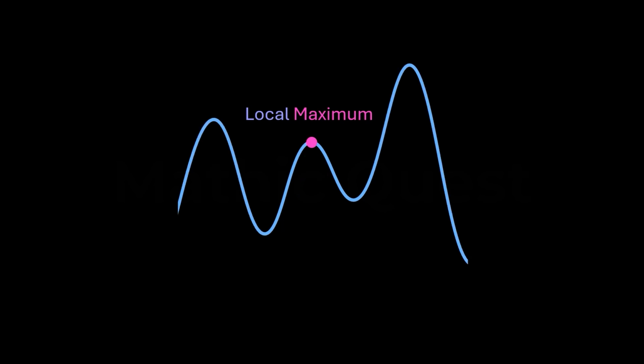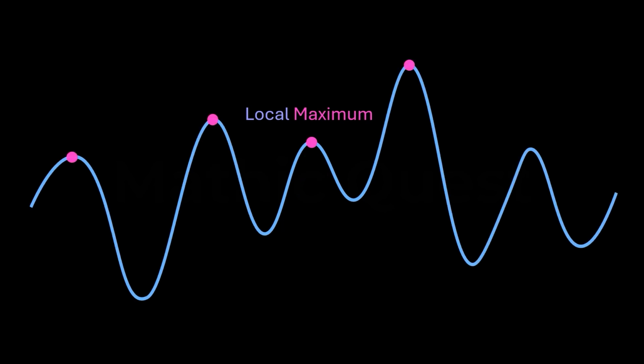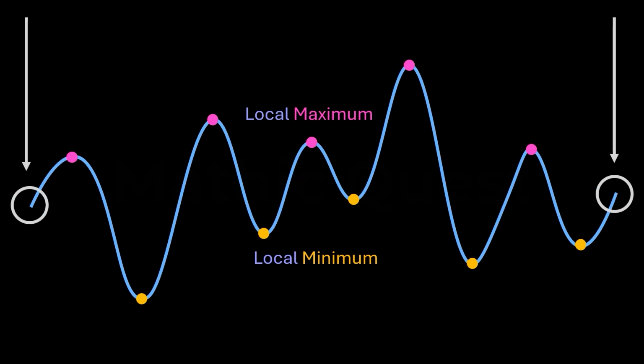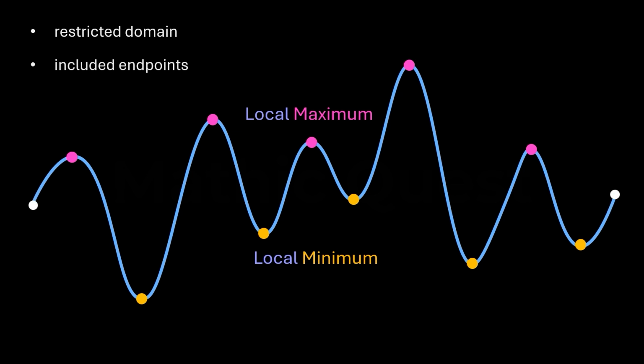If we extend the graph, all these hills that you see are the local maximums. A local minimum is the opposite. It is the bottom of a valley where the function goes from decreasing to increasing. But what about these endpoints? Well, if the function has a restricted domain, and it includes these endpoints, then these can also have local extremas.